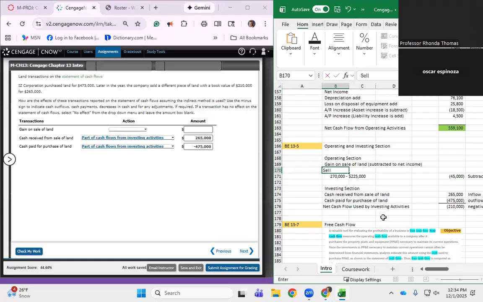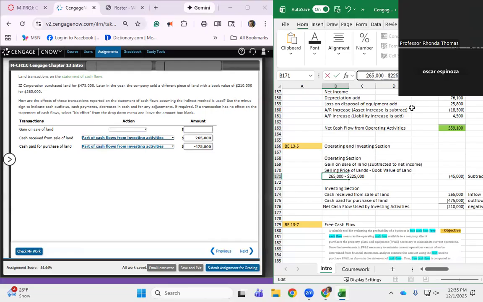selling price of land, or the proceeds from the sale, minus the book value of land. Okay, so I've got 265,000 minus, this is why you keep the book value, and land doesn't depreciate.